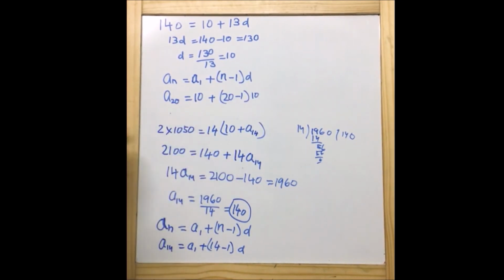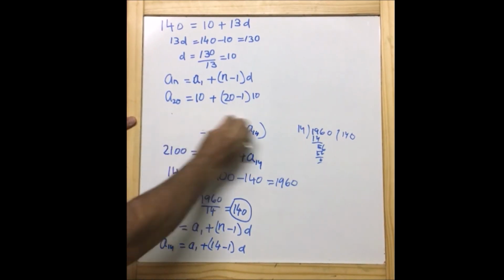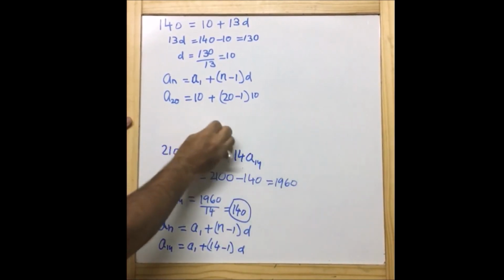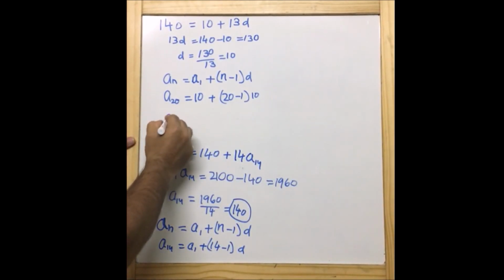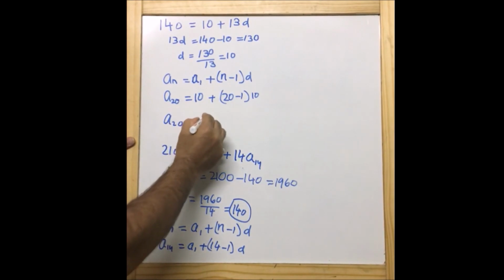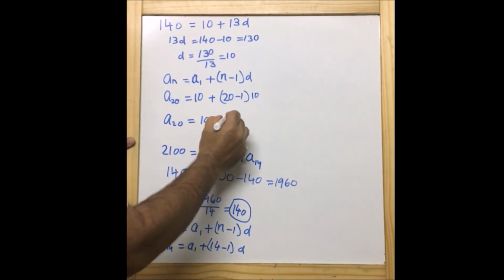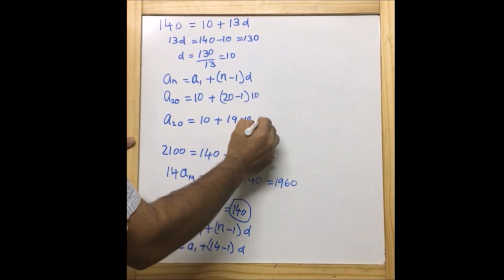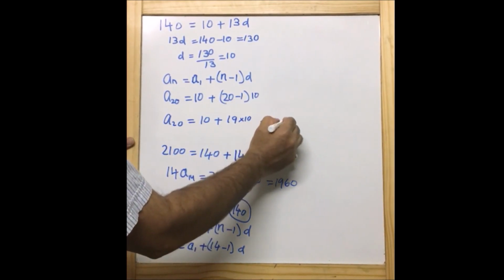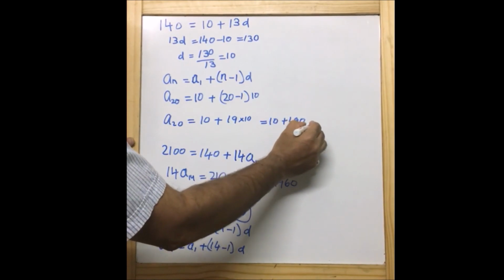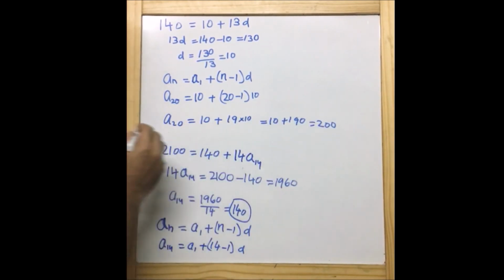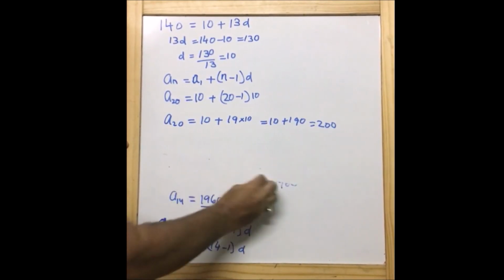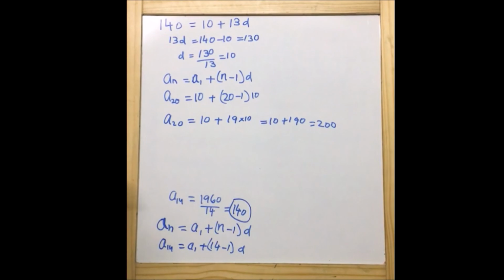So I can write A20 is equal to 10 plus 19 into 10, that is 10 plus 190, that is equal to 200. So we are able to find the value of A20 as 200.